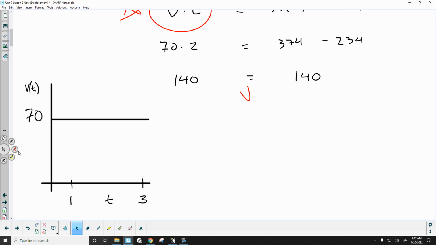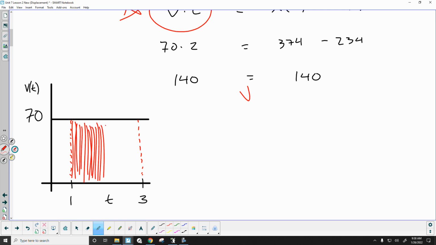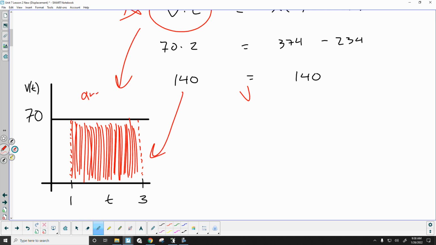Very good. If you looked at the area, all of these velocities are constant. It's 70 miles per hour. The area under my velocity curve shows me the whole velocity times time.